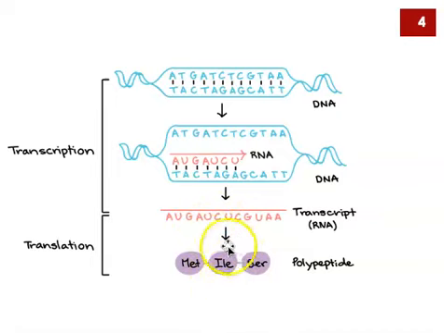That's this second purple circle. And it will join those together with a peptide bond because it's building a protein. The third codon, UCG, is the code for serine. And that amino acid will be added on to this growing strand. The ribosome reads the whole mRNA and builds this protein.